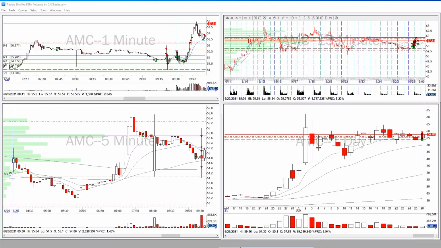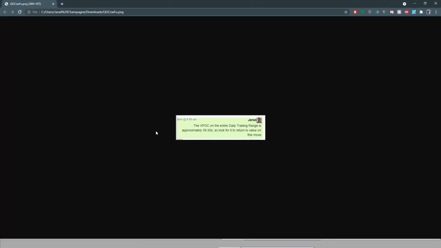This is something that was discussed in the Bear Bull Traders chat room as I was looking to trade AMC today, and I had this general target as an area to consider getting all out of a trade if AMC were to have a bullish setup and a bullish trend in the morning.